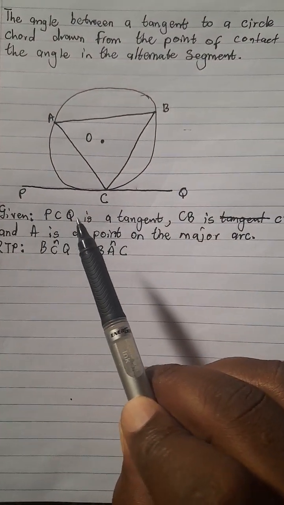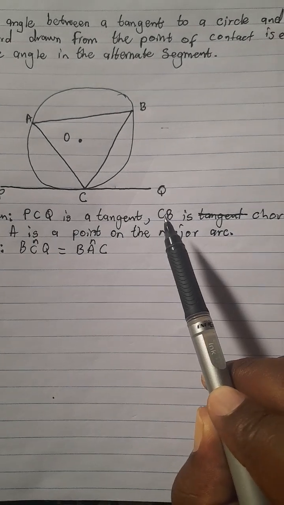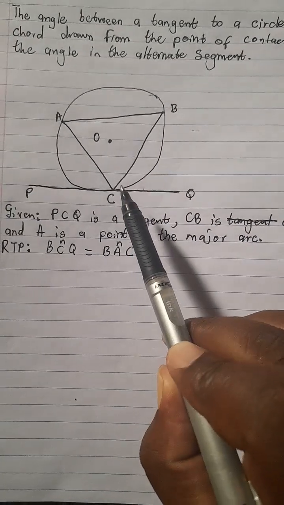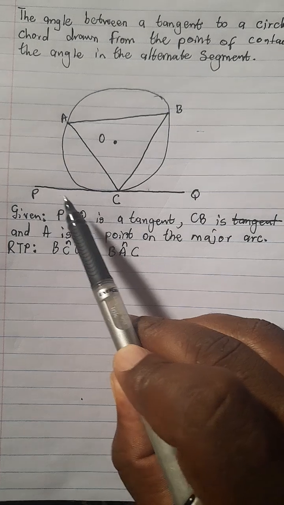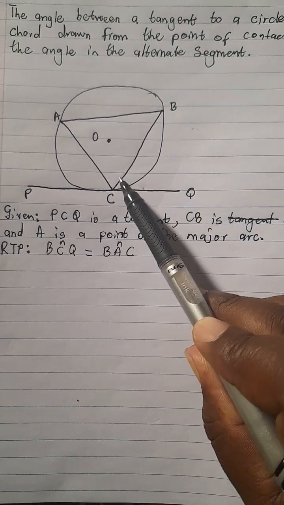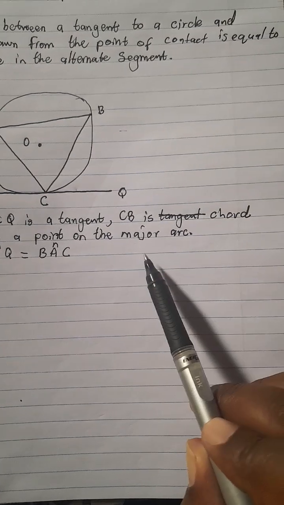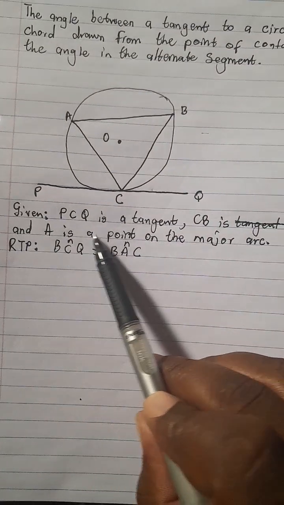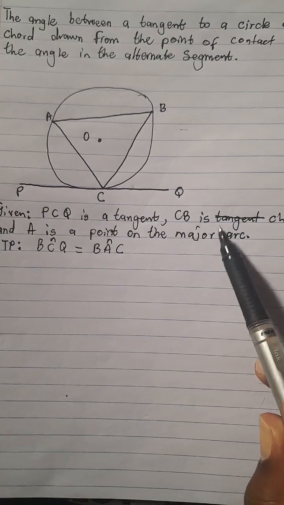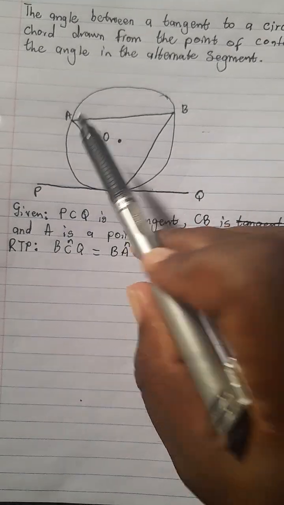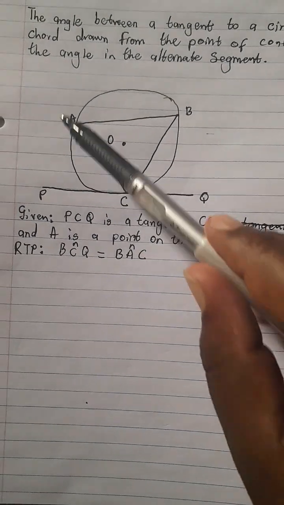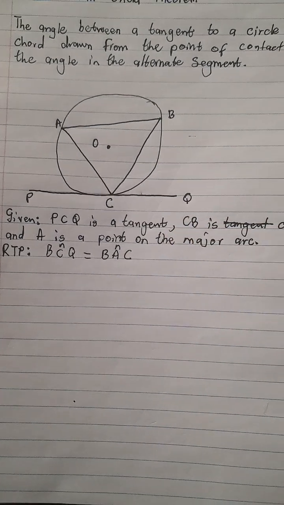We are given that PCQ is a tangent and CB is a chord, and A is a point on the major arc. So this is the major arc.